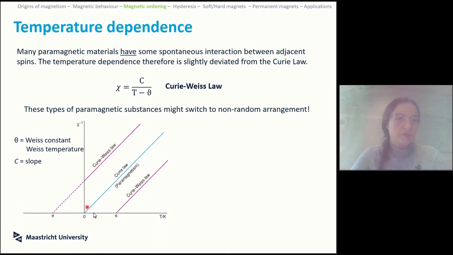So what does this mean? This means that you have a perfect paramagnetic behavior, which is your normal Curie law, and then, depending on the value of your theta, you can shift your Curie law in one direction or the other. Note that the plot here is of susceptibility to the minus 1, so we can have linearity with temperature.